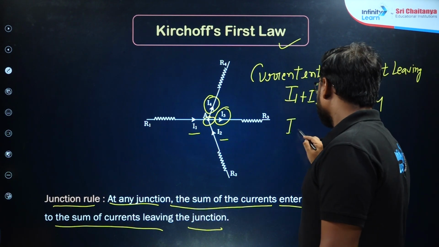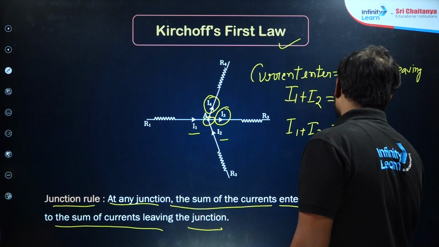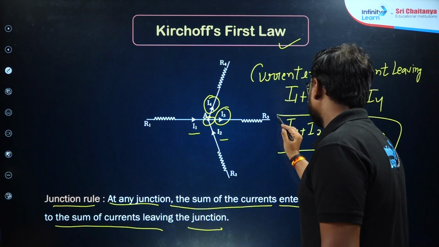Basically, I1 plus I2 minus I3 minus I4 must be equal to 0.